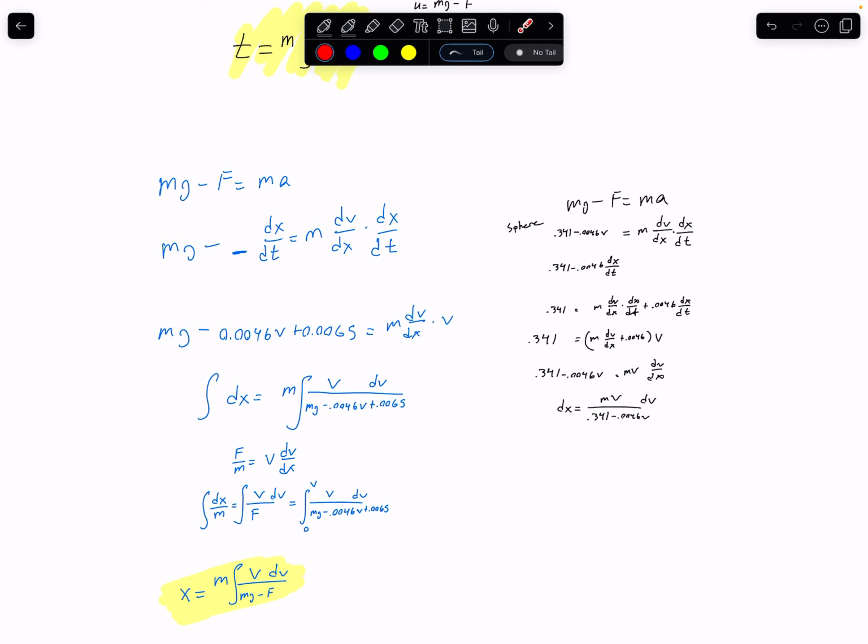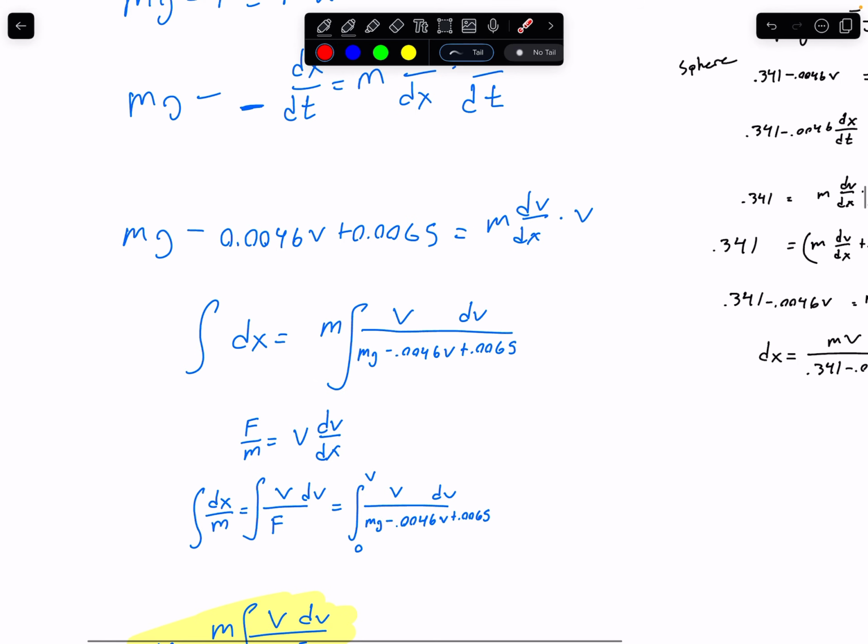Same thing: sum of forces equals ma, so mg minus F equals ma, and we know that acceleration is equal to dv over dt, which is also equal to dv over dx times dx over dt, which is equal to dv over dx times v, or velocity. We have velocity in every single one of our functions, so they'll be related.